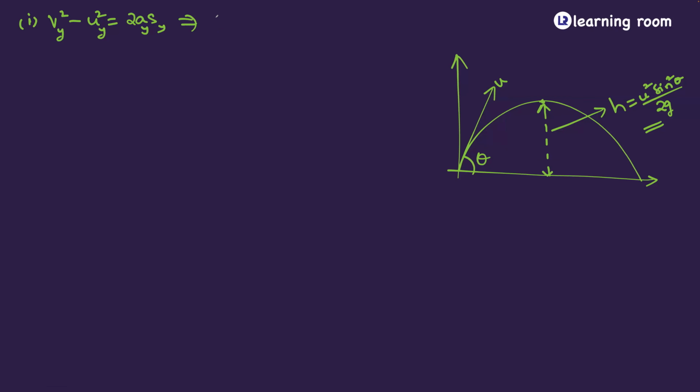So 0 square minus what is the initial velocity of the object along y direction? See, this is u cos theta and this is u sin theta. So initial velocity of the object along y direction is u sin theta. So 0 square minus u square sin square theta is equal to 2 into, if you take the upward direction as positive, g is in the downward direction, so it is minus g into the distance covered by the object, which is h max.